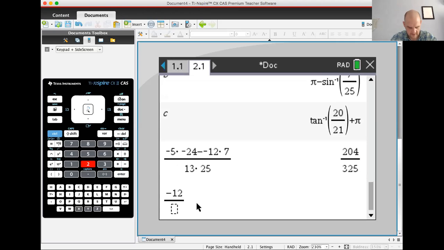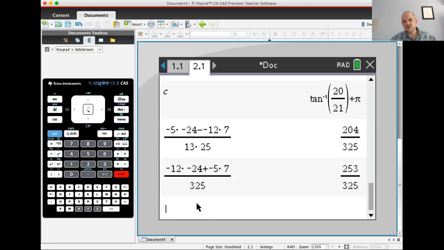So negative 12 times negative 24, and then plus negative 5 times 7, over 325, will be 253. So that's a triple: 204, 253, 325. What am I saying? 253 over 325.